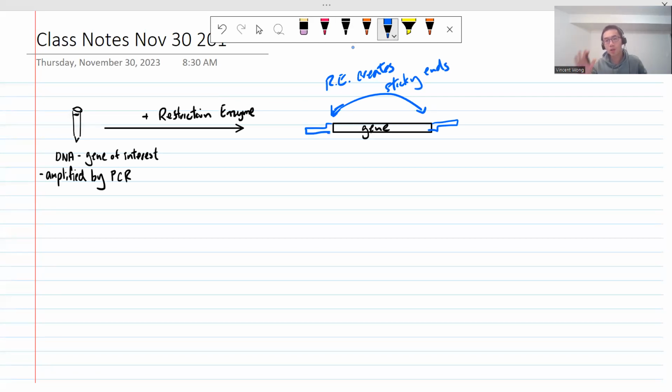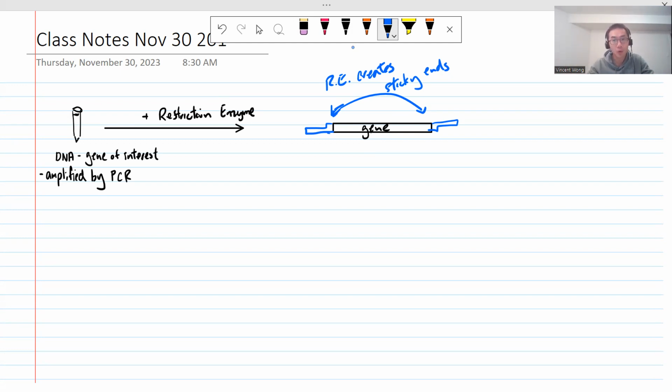But we must make sure that the restriction enzyme is not going to be cutting our gene. And the way to do that is to make sure that the recognition site of the enzyme does not exist inside your gene. So let's say the enzyme is going to cut AAA-TTT.